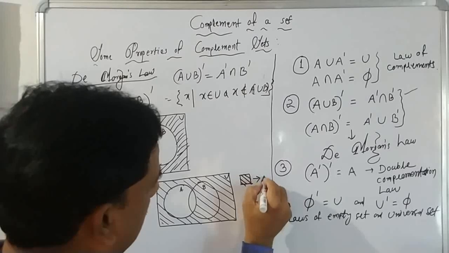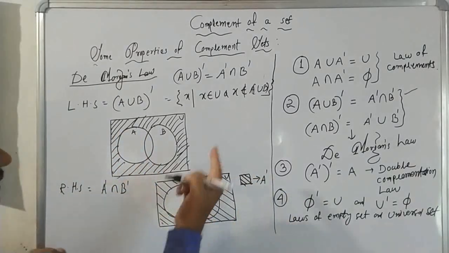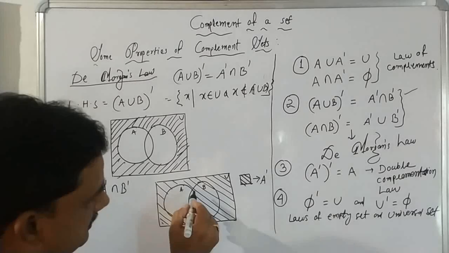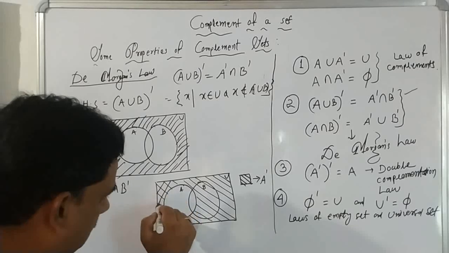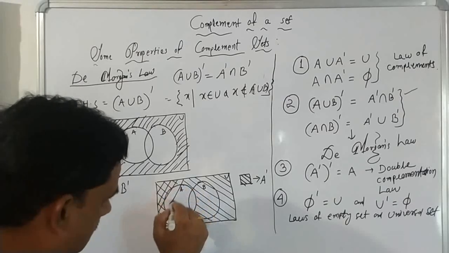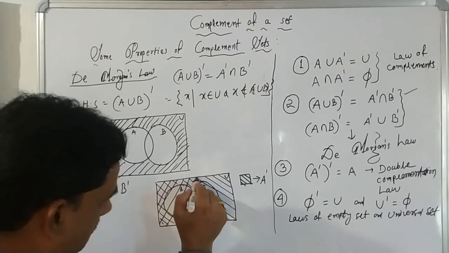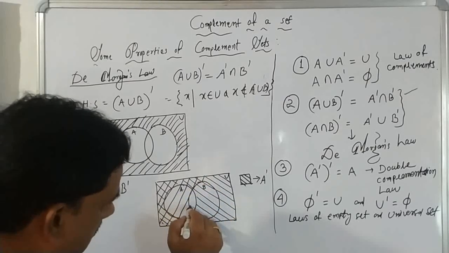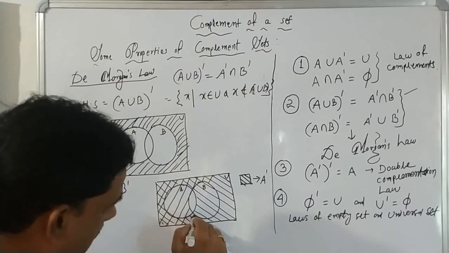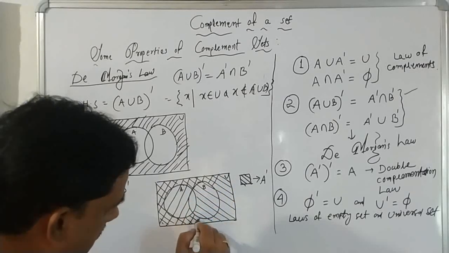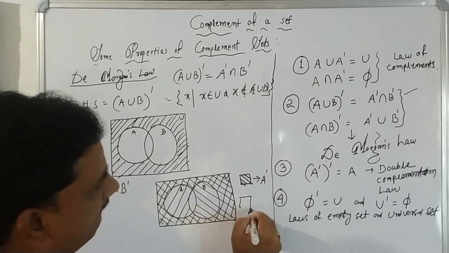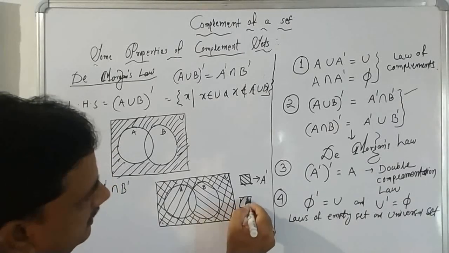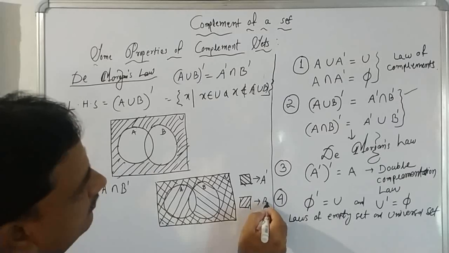This shading shows A dash. Now B dash. B dash means all the elements except B. Let us write like this. Understood? This shading is B dash.